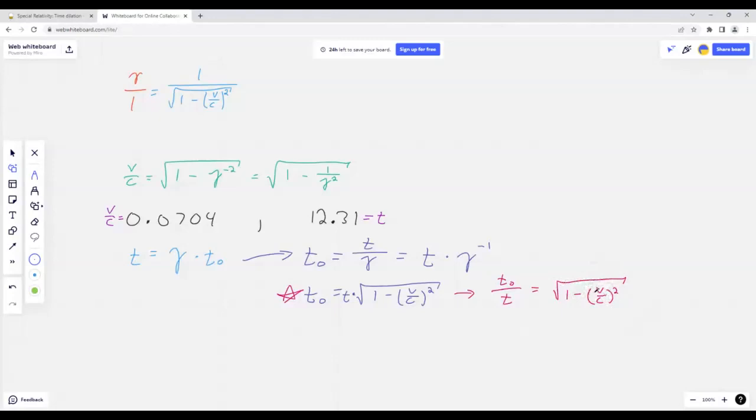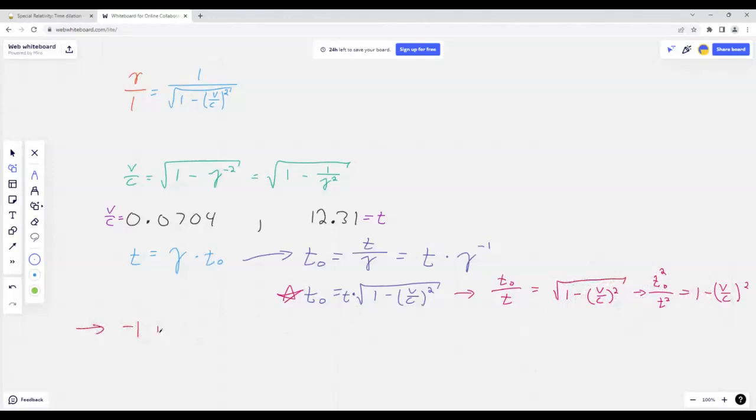Okay, but then keeping in mind that all that stuff's under a square root, we're going to want to square it. So we'll have T0 squared over T squared, and then the square root's going to drop. We'll have 1 minus V over C squared. Then we'll want to move this 1 out of the way, and we'll use a similar trick to before.